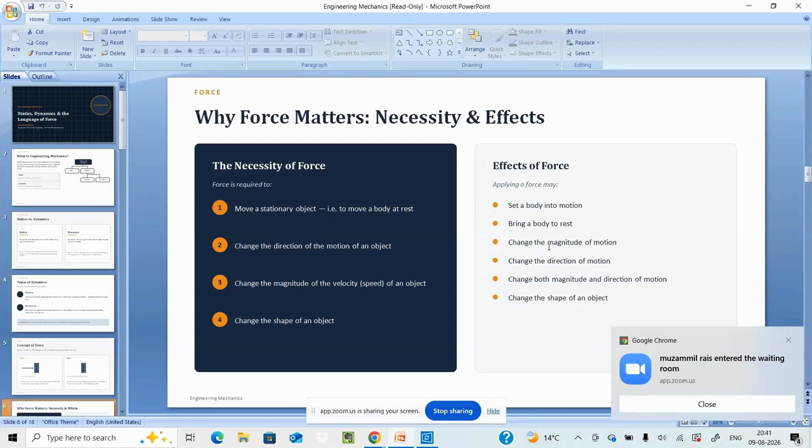The third is to change the magnitude of motion, change the direction of motion, and change both magnitude and direction of motion. And the last one, change the shape of an object. So these are the reasons why a force is required and the same effects of forces.